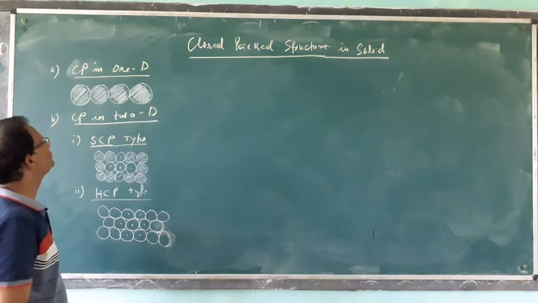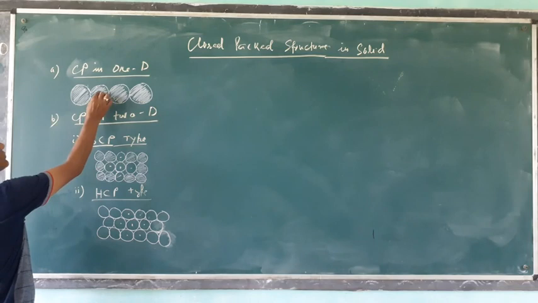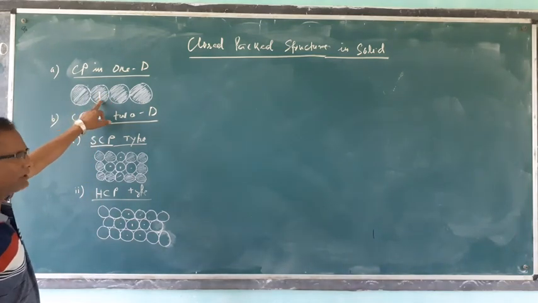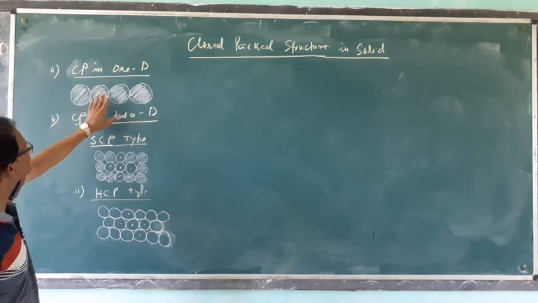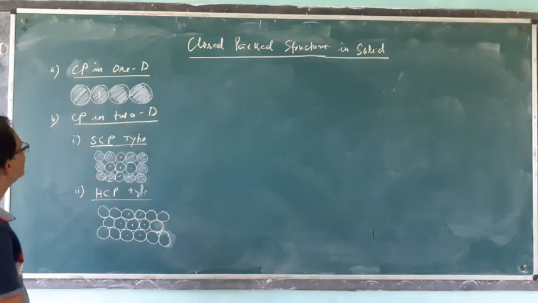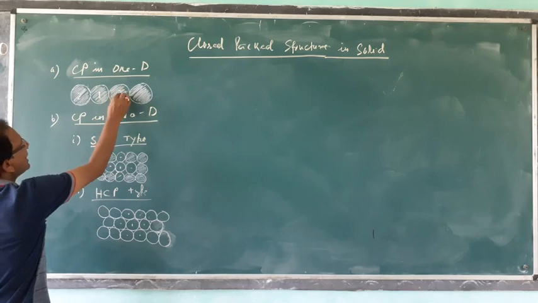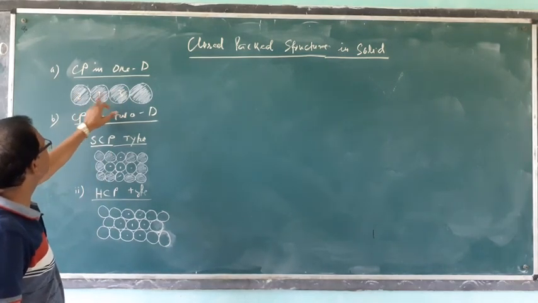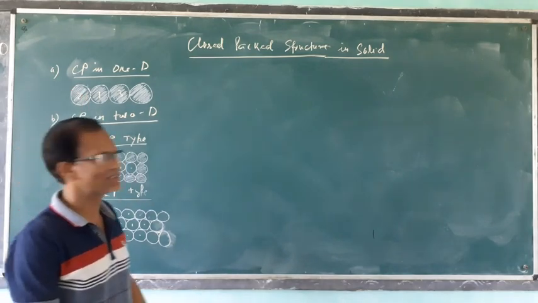But suppose you take one sphere. Around this sphere, how many spheres are directly attached? 2 and 3. So around it, 2 spheres are directly attached.